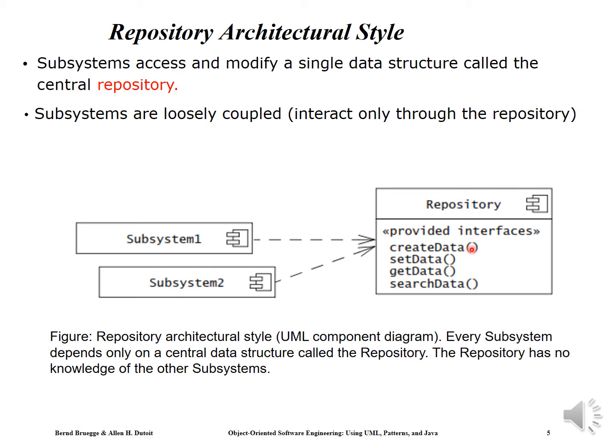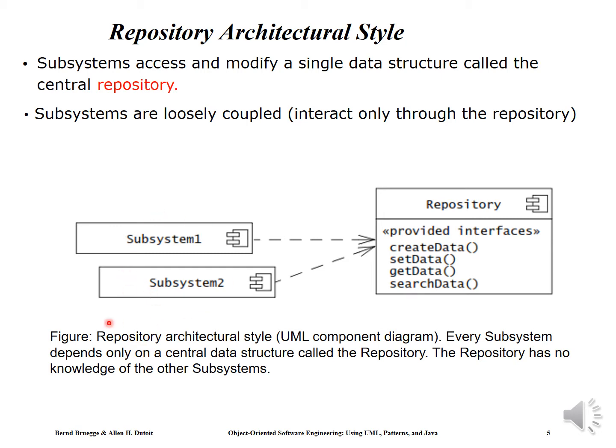Repositories are typically used for database management systems such as payroll system or bank system, in which the data resides at a central location and is accessed by other subsystems.